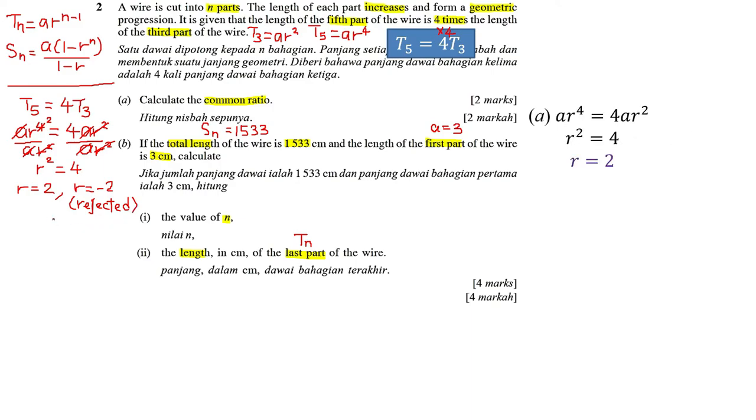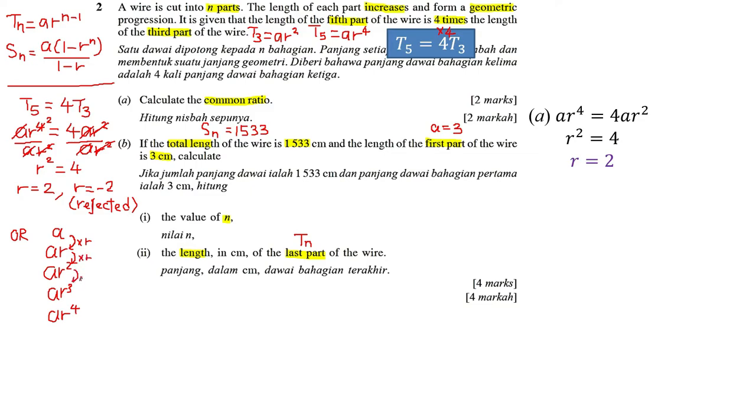But of course, some people maybe want to use the listing method. Can. We list from the first term. First term is a, second term is ar, third term is ar^2, fourth term is ar^3, fifth term is ar^4. Each term here, you multiply with the common ratio. Second term to third term, multiply with r.